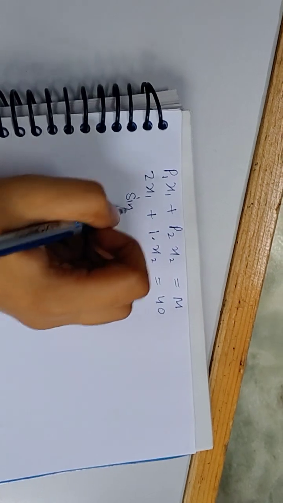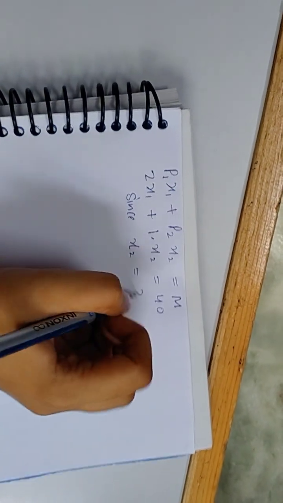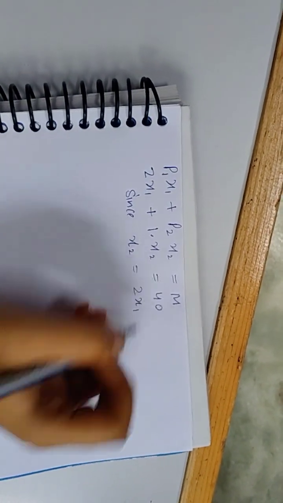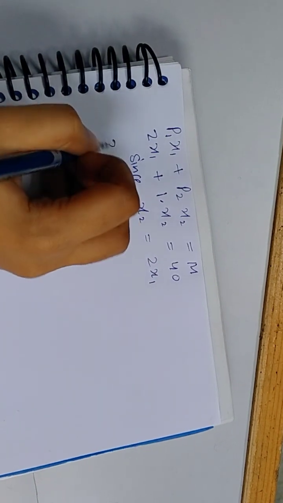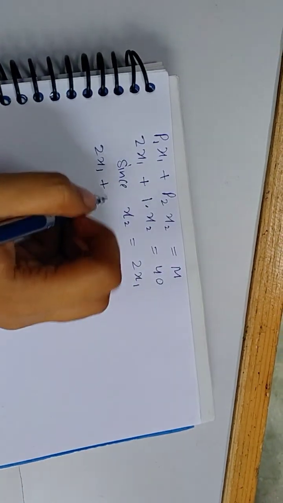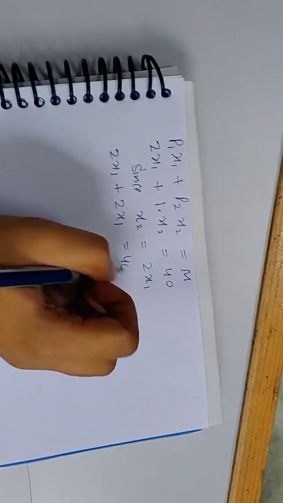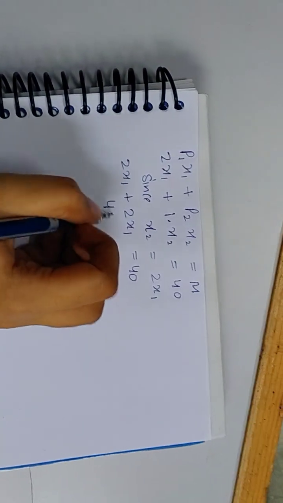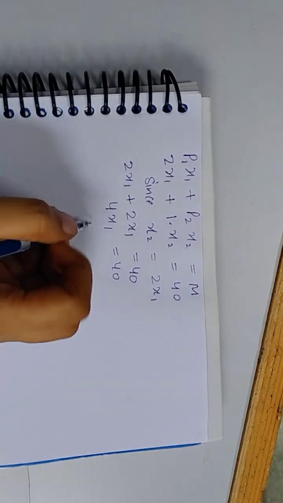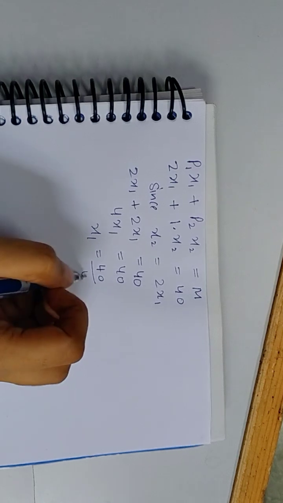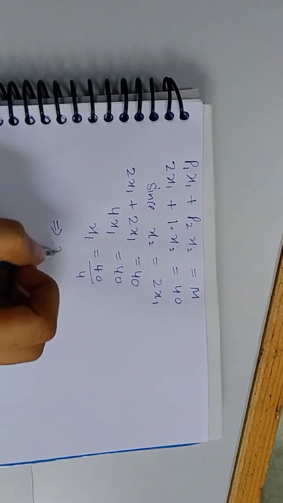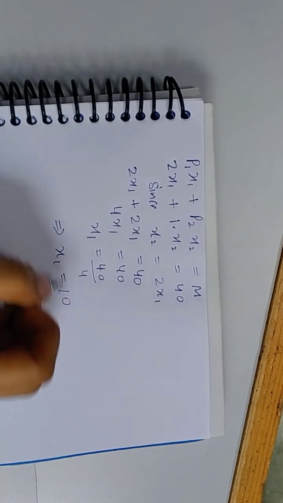Since x2 will be 2x1, as we saw, we substitute it here. So 2x1 plus 2x1 is 40, and this plus this is 4x1 equals 40. So x1 will be 40 upon 4, which implies x1 will be 10.